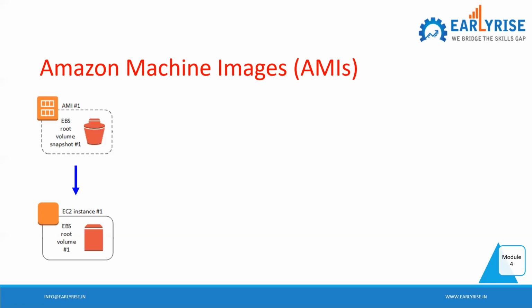You can create an instance, but from all the snapshots, you cannot create an instance. However, if you have a snapshot of a root volume, using that you can restore to another EBS volume, correct?